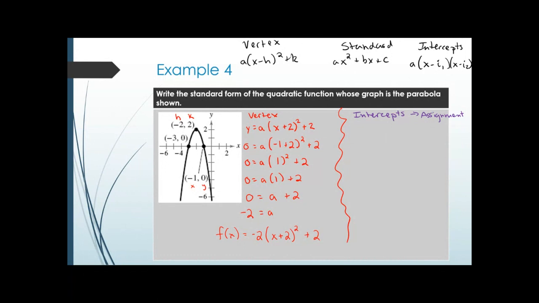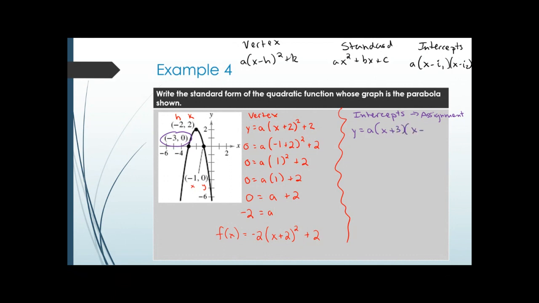So I know my intercepts. One of them is -3, 0. So the first value is -3. And then the second one is -1. So those are my x values, basically the intercepts values. So I have y equals a times x minus the -3, but that becomes a +3.